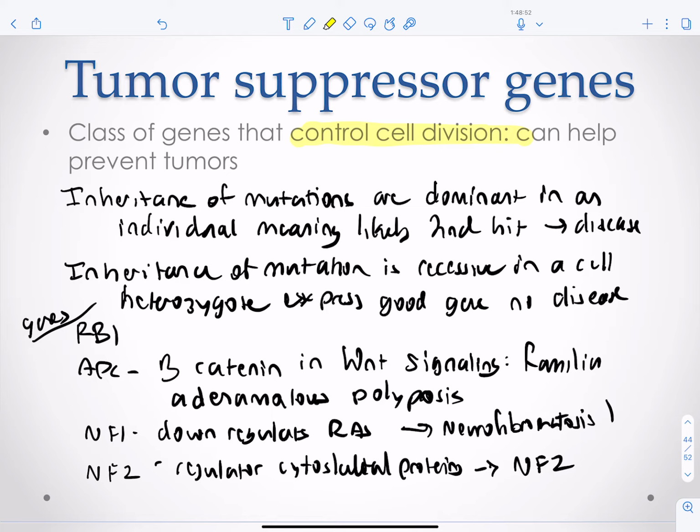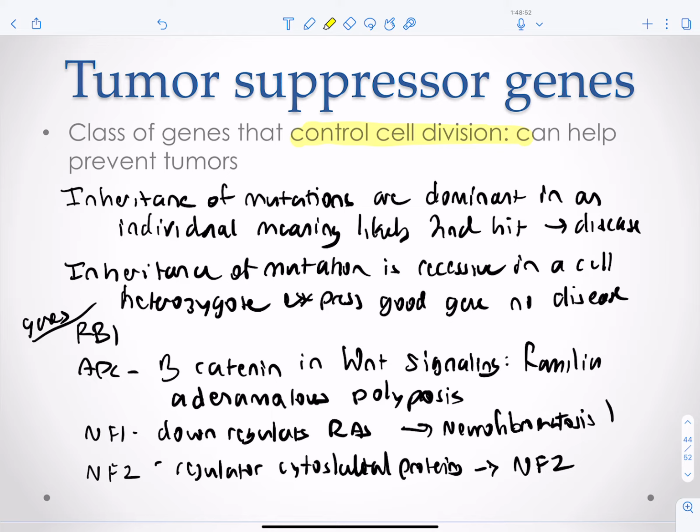You also have APC, which is involved in Wnt signaling. Mutations in APC have been associated with polyposis disease or tumors. You have neurofibromatosis 1 and neurofibromatosis 2 genes, and these are going to be important in controlling RAS.